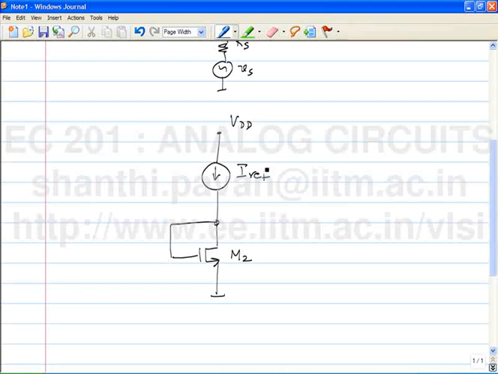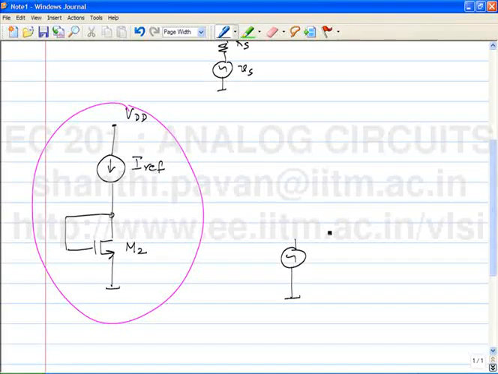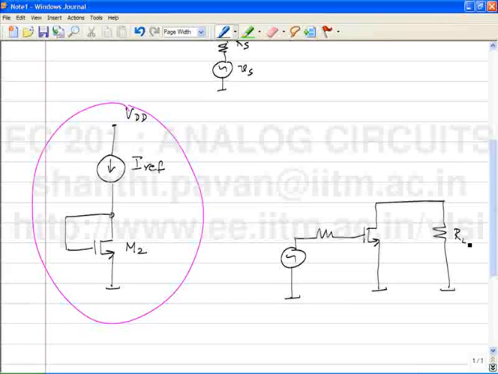So for DC, the circuit must look like this, and how must it look for AC? For AC we need the small signal equivalent when you add on the source to look like, correct?